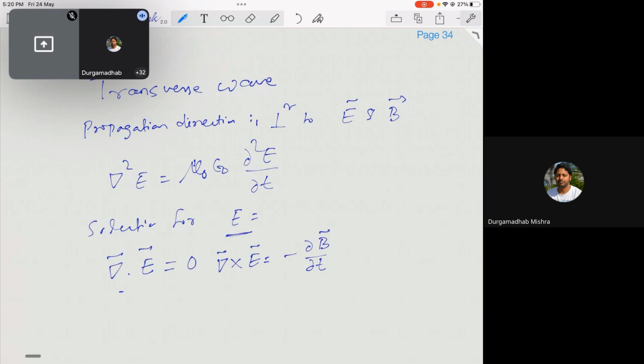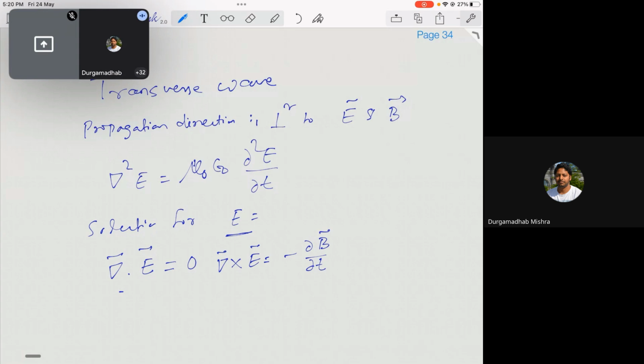Now, since we are talking about this electromagnetic field as a wave, this wave is actually a real wave, a physical wave, right? Physical wave means it is associated with what we are talking about, the electric and magnetic field. They are real, and they also carry energy and momentum.